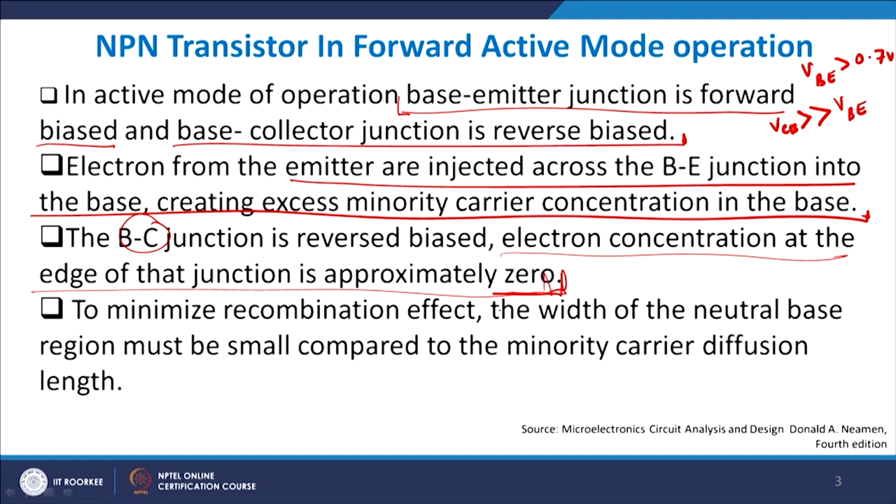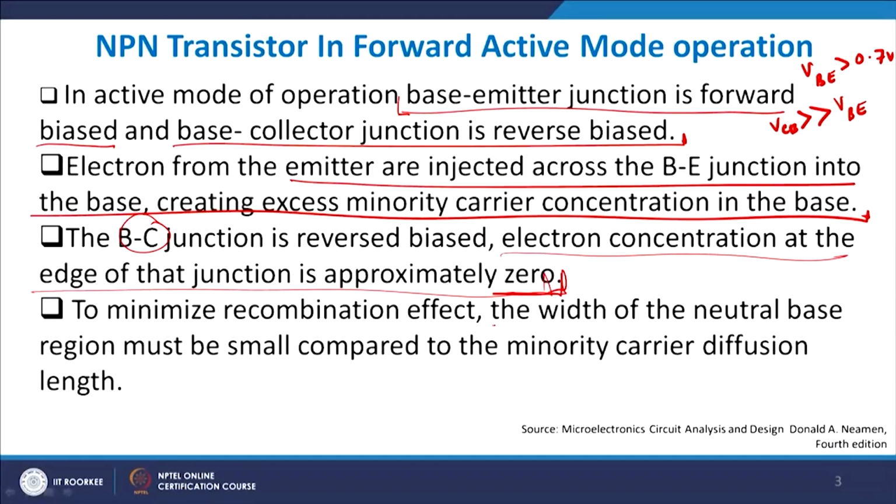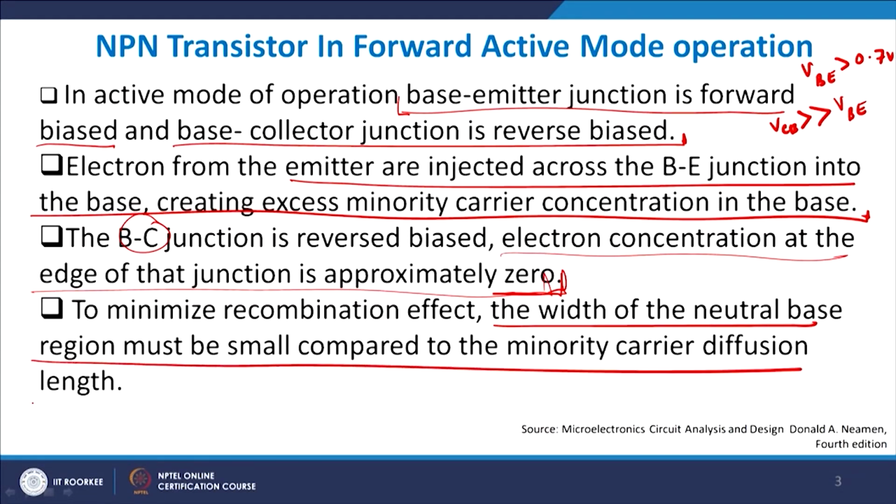Now, to ensure that the minimum number of electrons get recombined in the base region, the width of the base region should be very small compared to the dimension of the device. I will explain this term in more detail. It says that the width of the neutral base region, why?